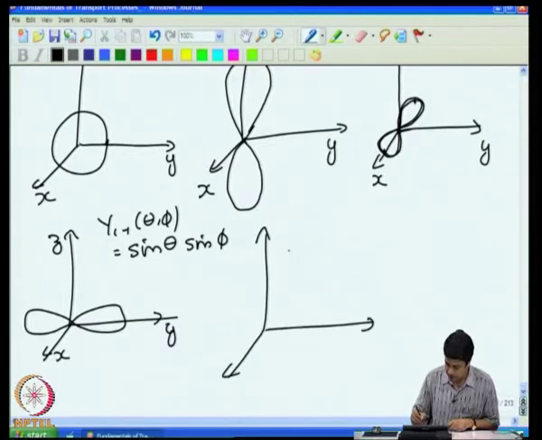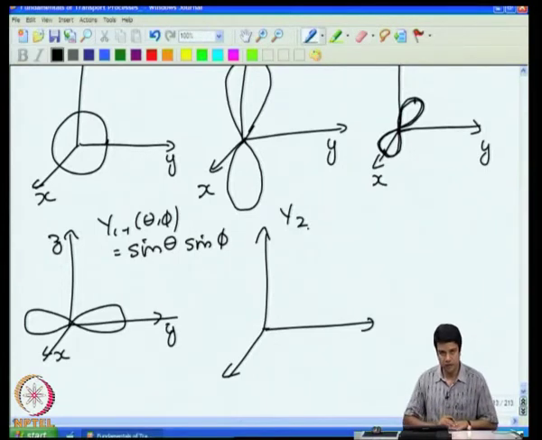The other functions, Y 2 0, let me just plot them for Y 2. For Y 2, you have 5 functions. There are 2 that are along the x and y axis, y z axis, z x axis. Then you have one that is x square minus y square, and the other is z square. So, you have functions that look like this.